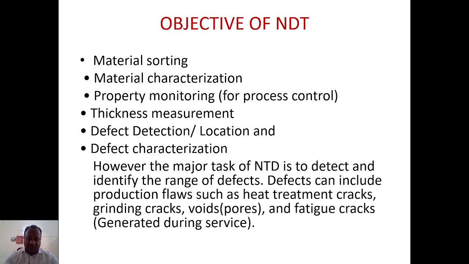Defects can include flaws, meaning errors such as cracks from heat treatment, due to overheating when the temperature goes beyond the requirement of the material. Suppose the material can withstand a temperature of only 250 degrees centigrade, and apart from that we apply heat treatment. That means cracks are there. Those cracks we can identify with the help of NDT.